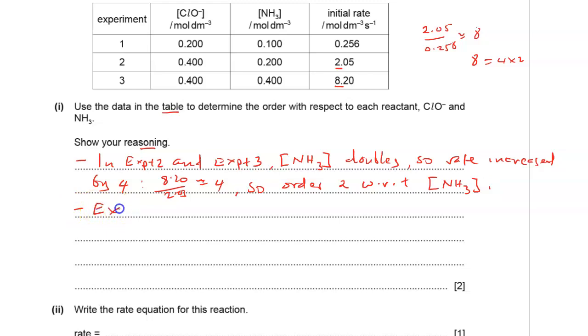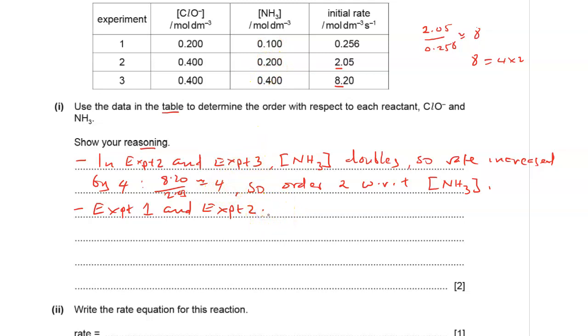When you look at experiment 1 and experiment 2 for chlorite and ammonium, I've said that you can see the concentration has increased from 0.2 to 0.4, and likewise from 0.1 to 0.2, so it doubles.